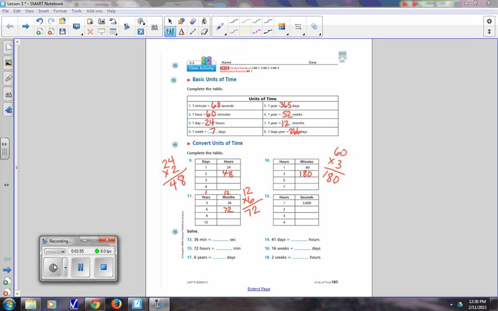All right. Ooh, the seconds. So we got to think about looking up here. This one's probably the hardest one in my book. 1 hour has 3,600 seconds. Well, how did I figure that out? How did they figure that out? How do they know that? Well, we know that there's 60 seconds in a minute.